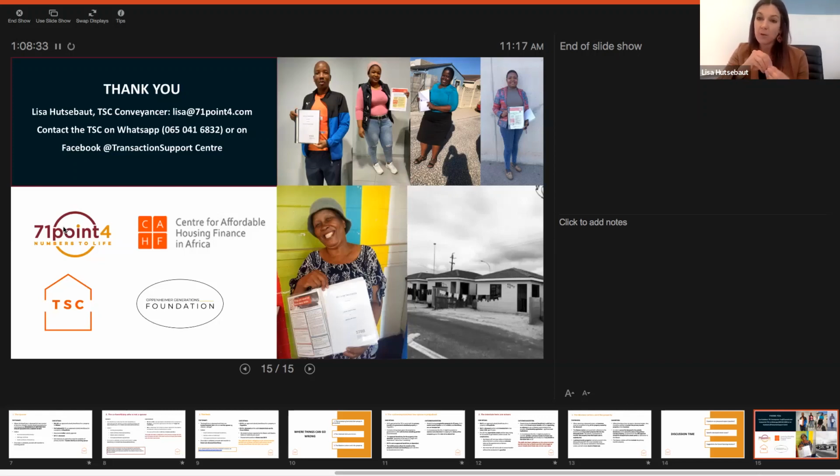It's about 1,300 Rand that they have to pay for transfer, which is going to be by far the cheapest, most accessible way of them securing a title deed. We've stripped out all those costs. That's all they have to pay. And these pictures that are here, these are all clients who've paid their 1,300 Rand and they've secured a title deed at the end of the day. So we would very much welcome whatever you want to send our way.